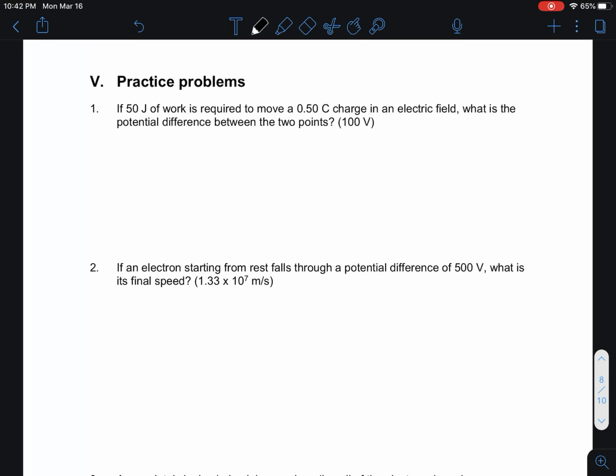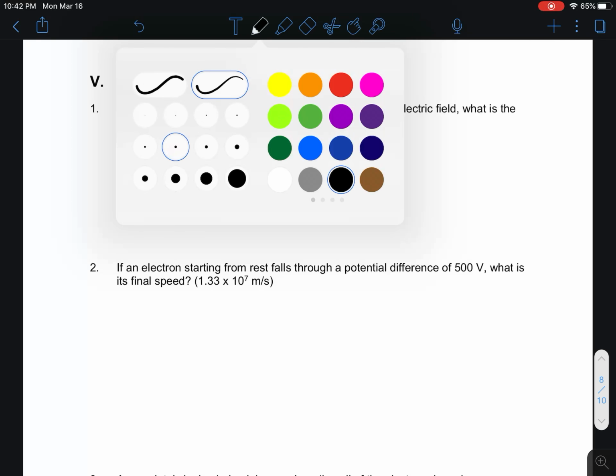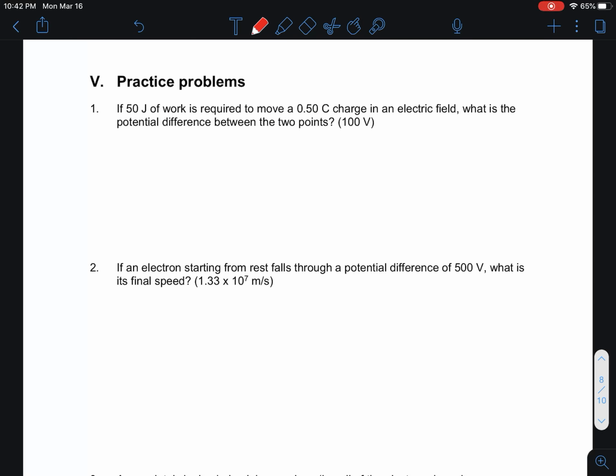All right, 50 joules of work. On your formula sheet, in the very far left-hand corner, there is a formula that looks like this. Work is equal to delta E. Now, in the right-hand side of the electromagnetism section, there's this formula for potential difference as change in energy over unit of charge.